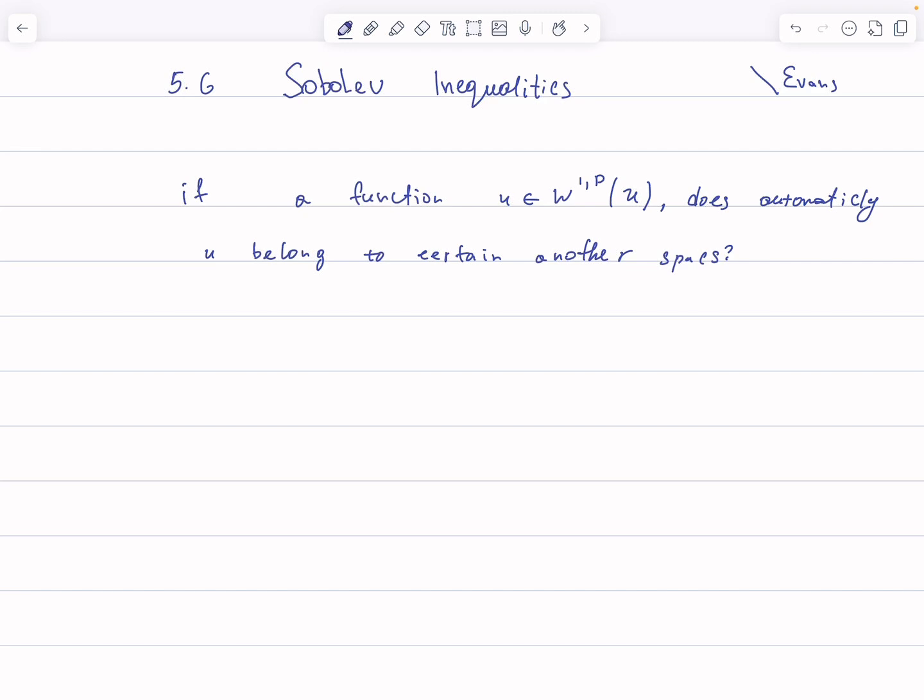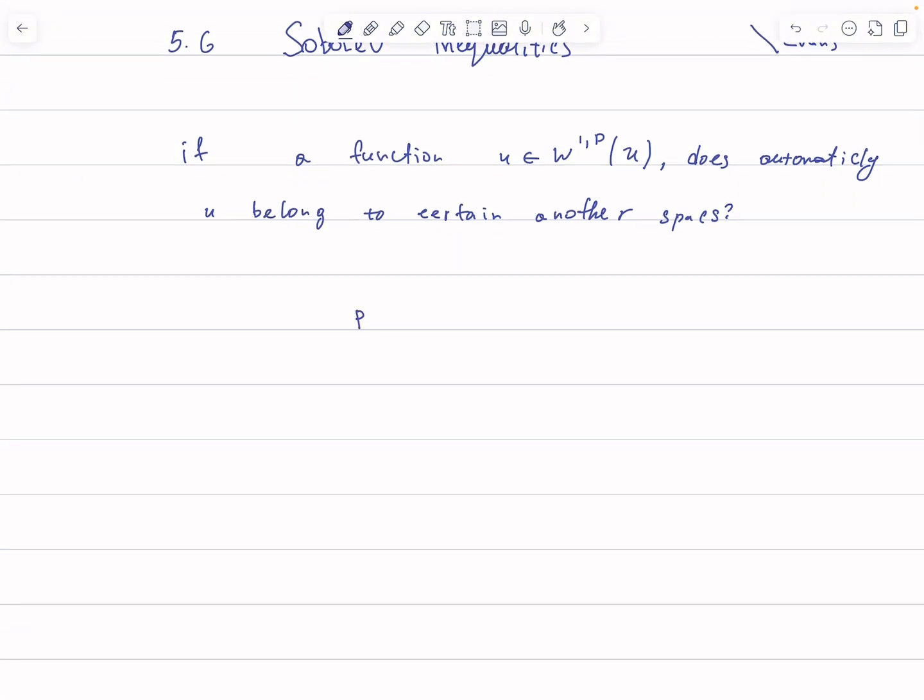Actually, the answer is yes. And this answer depends on p. We should consider three cases: when p is greater or equal to 1 and less than n, second case p equal to n, and third case p greater than n and less or equal to infinity.